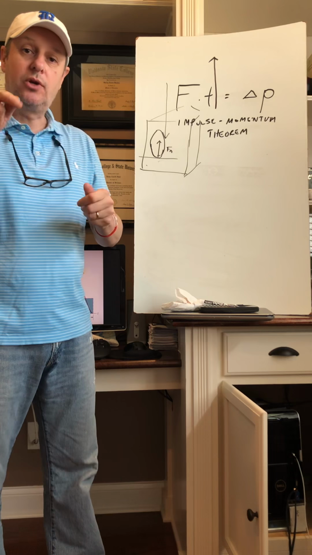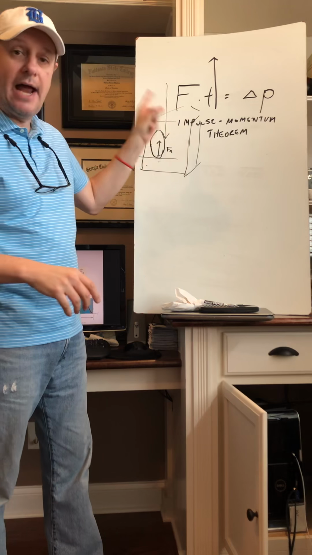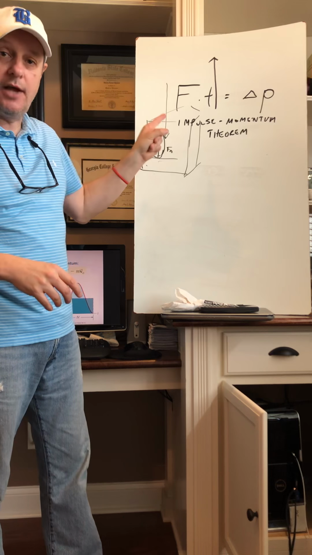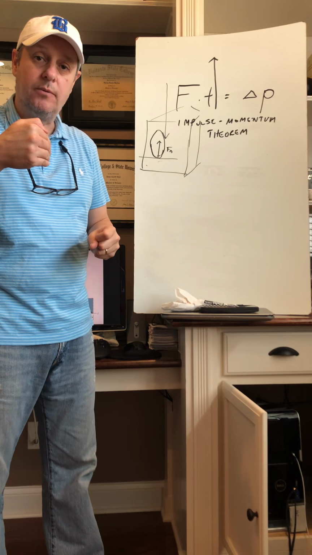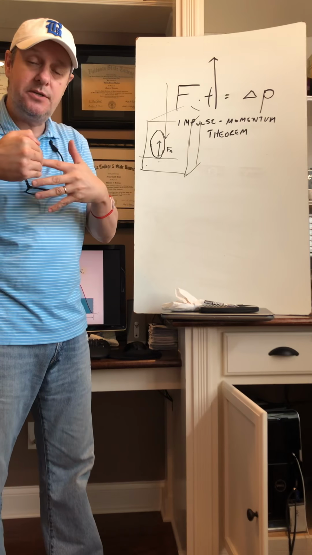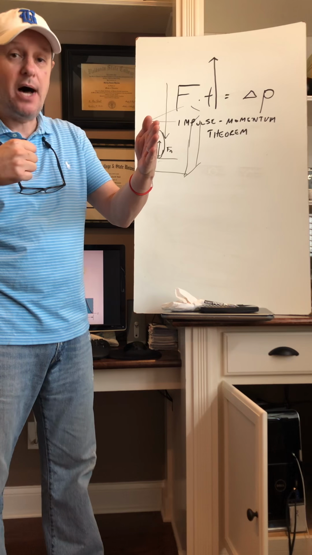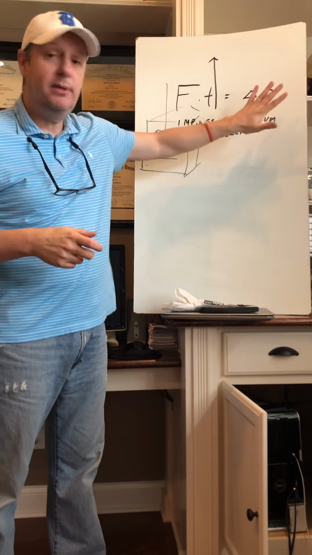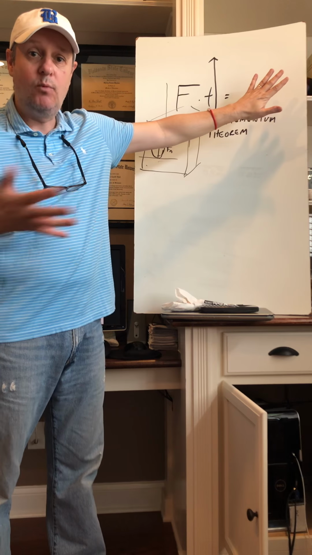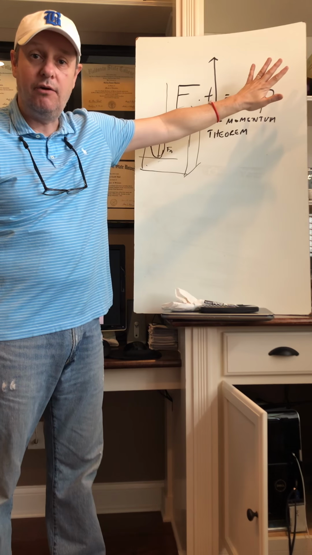Once again, you're going to go from 45 miles per hour to 0, whether you have an airbag, a seatbelt, or not. You're going to go from an initial velocity of 45 miles per hour with whatever your mass is, that would be your initial momentum, and you're going to come to a complete stop. Your body is one way or the other. So your change in momentum is the same whether you have an airbag, seatbelt, or nothing involved there.